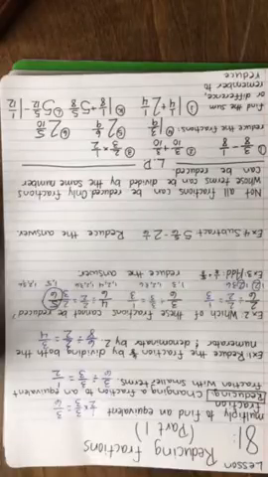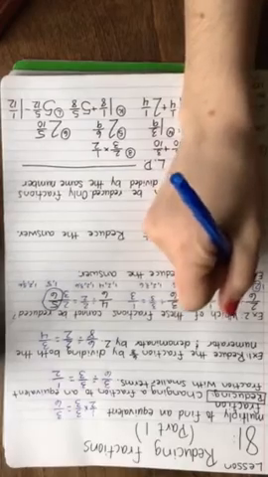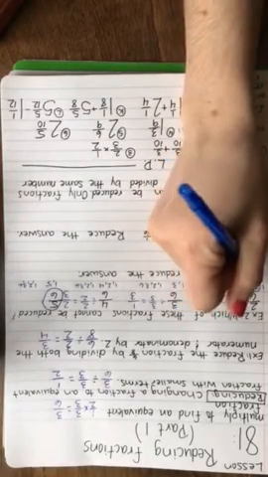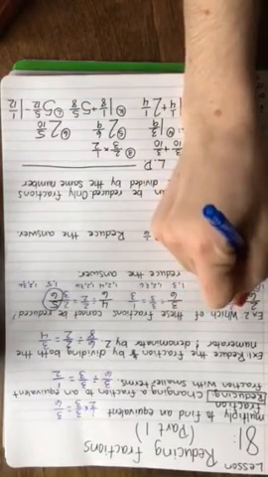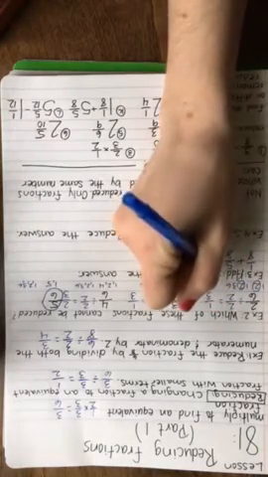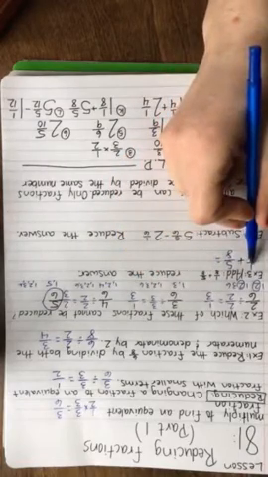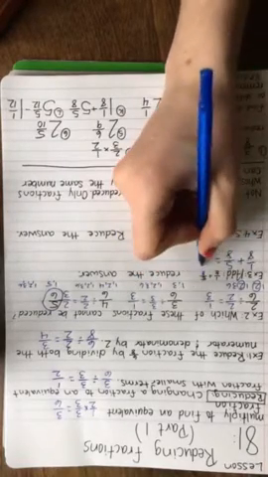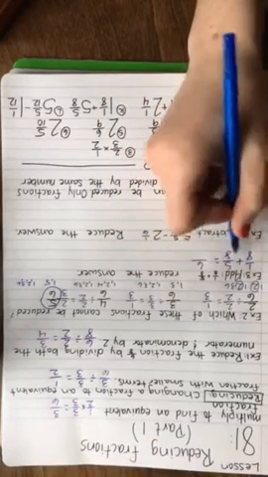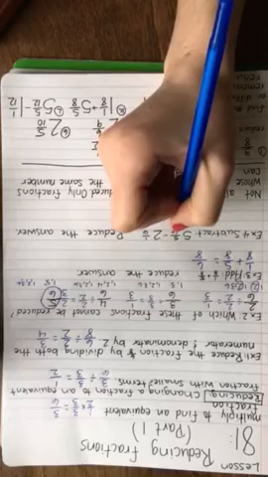Example 3. Add 1/8 and 5/8 and reduce the answer. Okay, so 1/8 plus 5/8 equals 1 plus 5 is 6, and when we add, the denominators stay the same, 6/8.